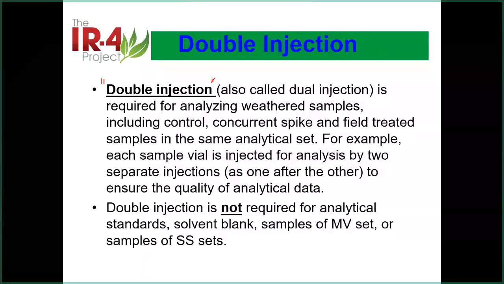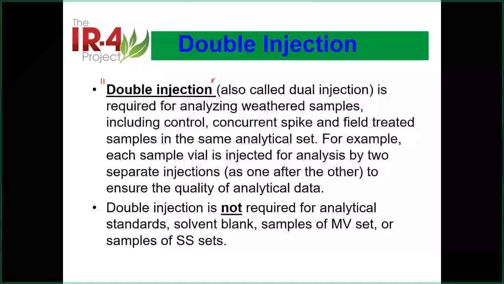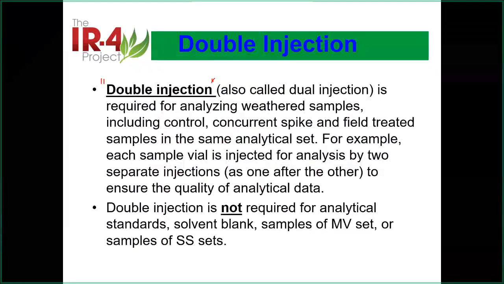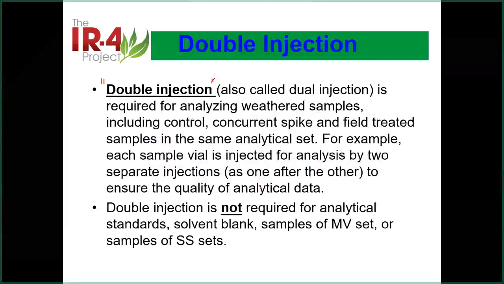The definition is that you have samples and you analyze them in the order injection 1, injection 2, injection 1, injection 2. So one sample, let's say this is the control, inject twice, 1, 2. Treat the sample, 1, 2. Treat the sample, 1, 2, like that. Keep going. Each sample is injected twice, consecutively.